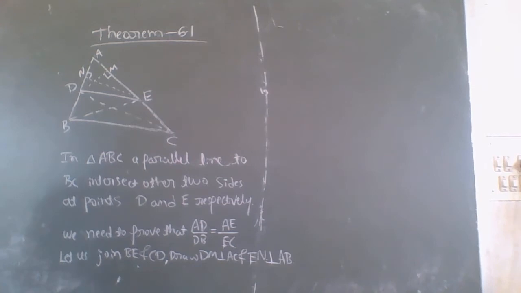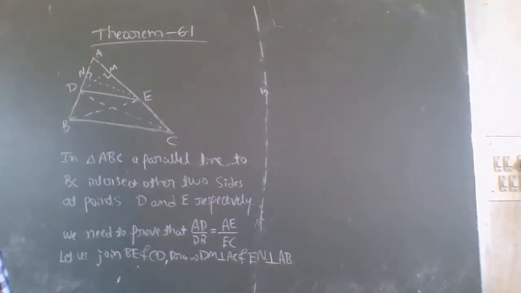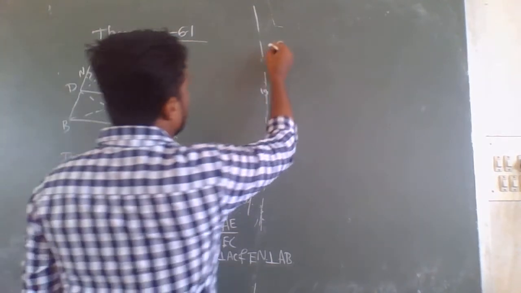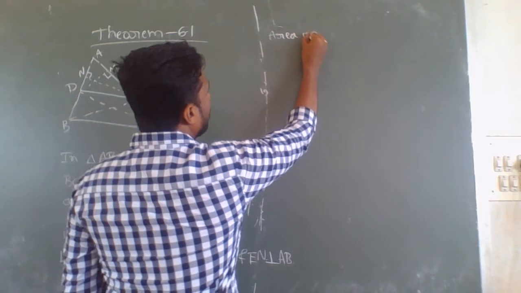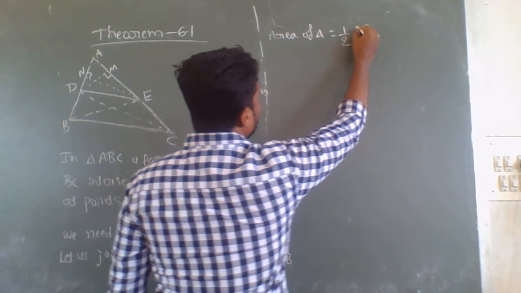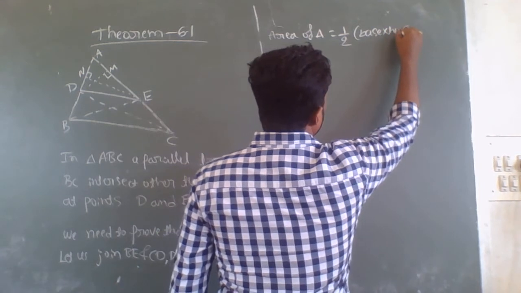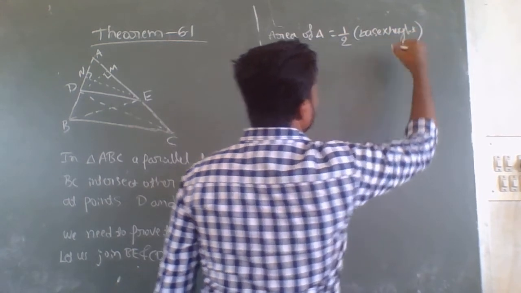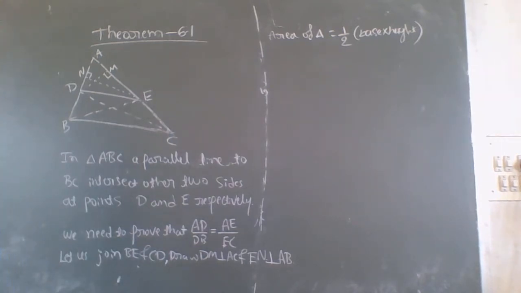Now we all know the area of a triangle. What is that? The area of a triangle is equal to 1 by 2 into base into height. Use the formula. To calculate the area of a triangle, the formula is 1 by 2 into base into height.